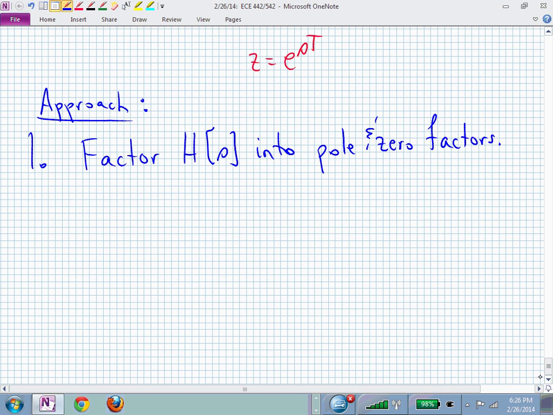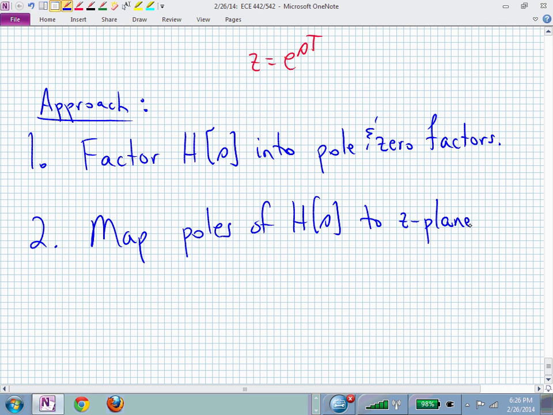We really just identify the poles and the zeros as factors. The second step is to map the poles of H of S to z-plane poles using z is equal to e to the st.